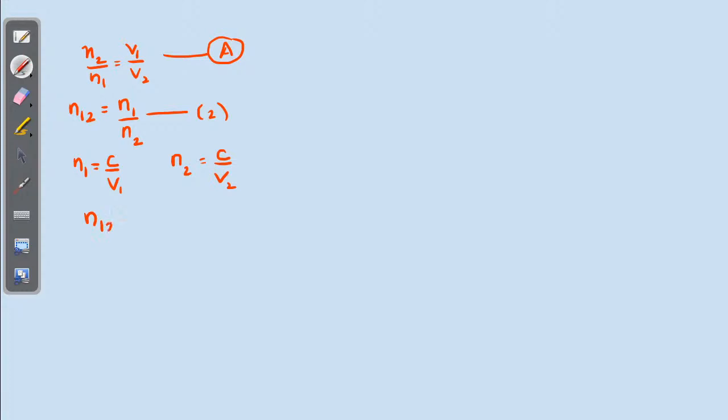So what happens to equation 2? n12 is equal to n1 by n2 is equal to c by v1 divided by c by v2. So this becomes c by v1 into v2 by c. So c and c get cancelled. I will get n12 is equal to v2 by v1.